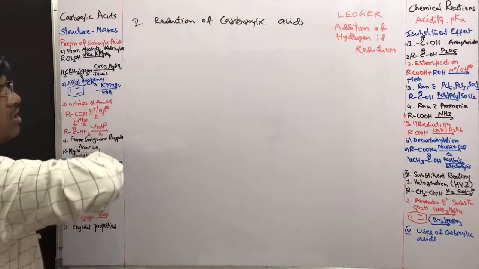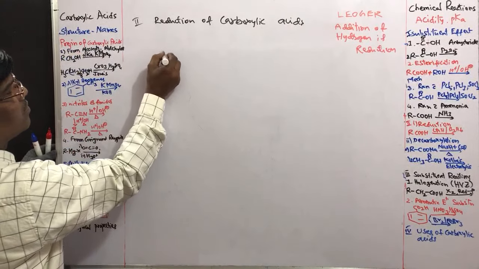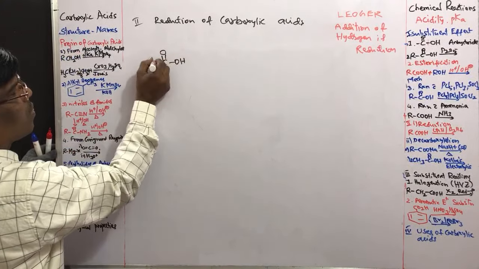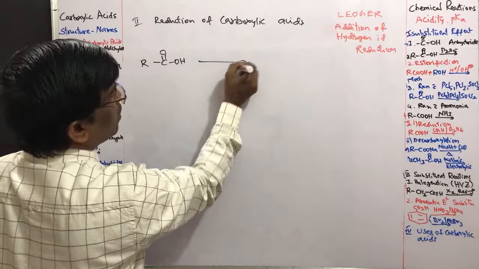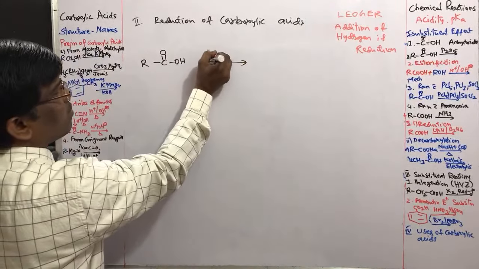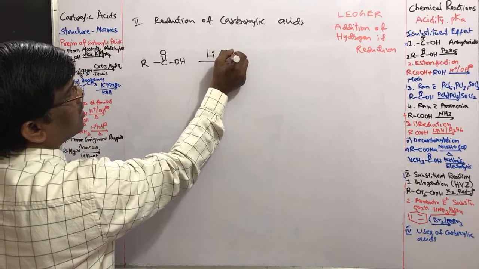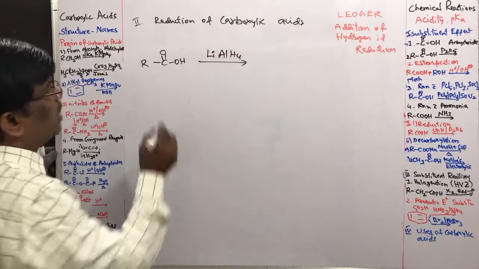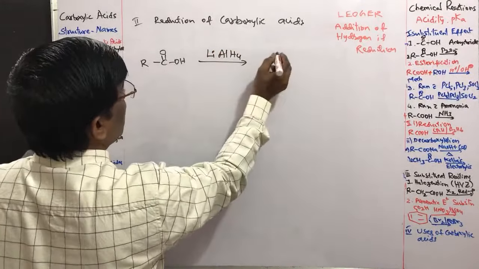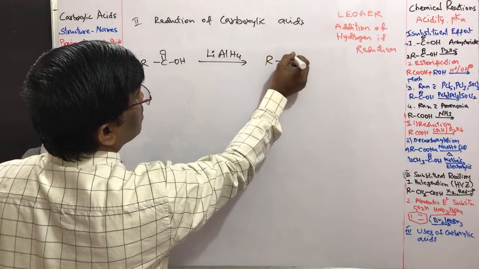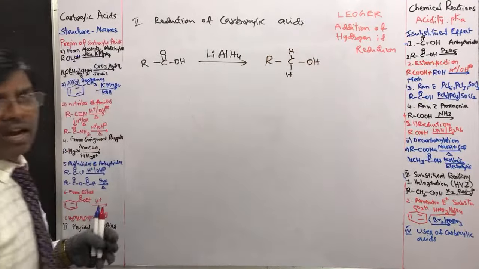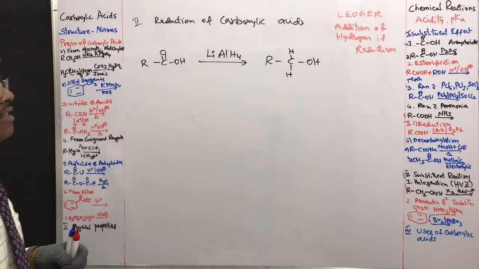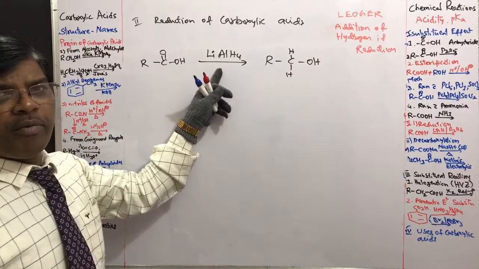Let us take a carboxylic acid. When I do the reduction with lithium aluminum hydride, it is going to add 2 hydrogens to give an alcohol.